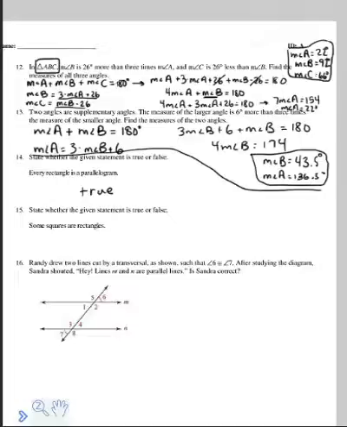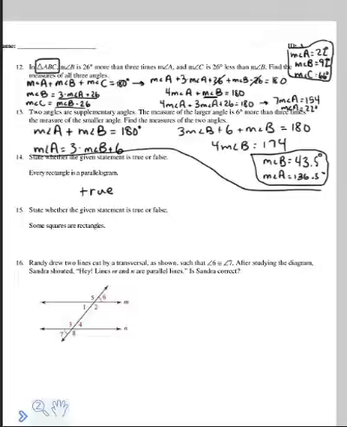I'm not too thrilled with this question, the way it's worded, because when it says some squares are rectangles, it implies that there are squares that are not rectangles. So think about the definition of a rectangle. A rectangle has to have 4 right angles.